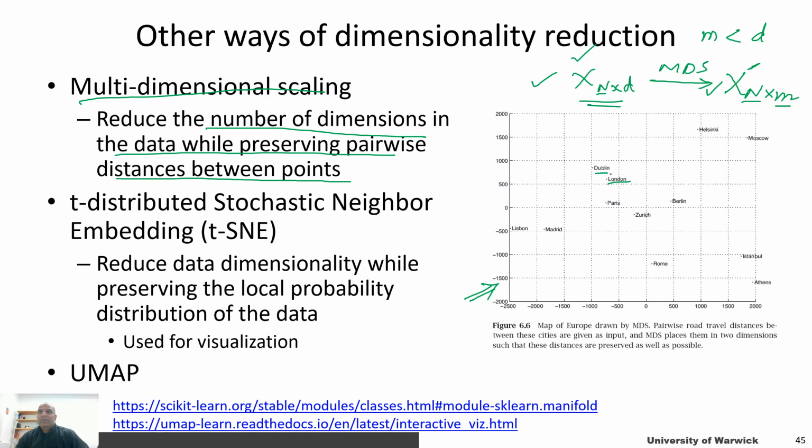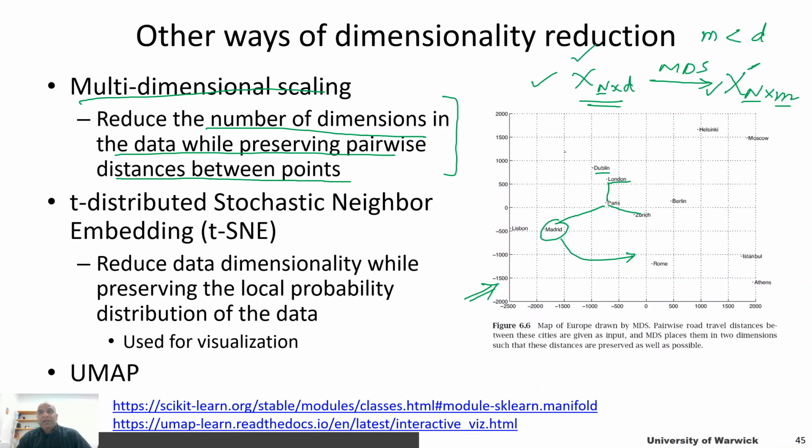London and Dublin are close, and London is closer to Paris, so that's preserved, and Paris is close to Zurich. But it does lose some information because Paris and Madrid should be on the map. I think it's probably over here, but that's the sort of effect you get with multidimensional scaling. So it's a very useful method when you want to preserve distances.